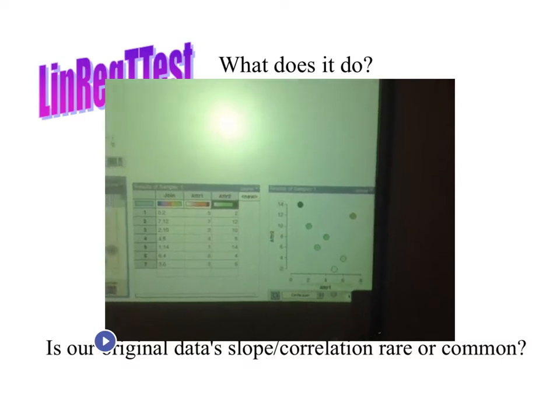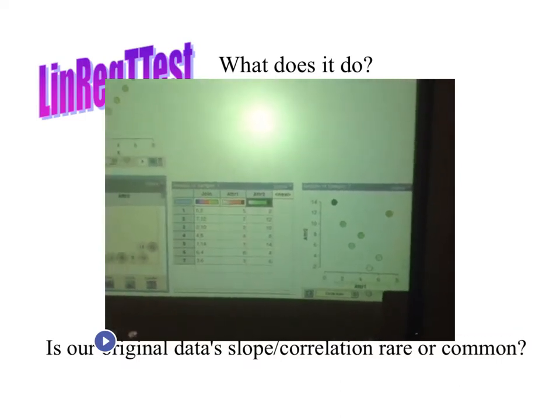The alternative will be that it does, and it kind of answers that question on the bottom, which is: was our original data's slope or correlation rare, or was it common? So that's what our test is really going to be all about, and it's very easily done on the calculator, and in a video coming up, we'll look more at how we would do it by hand. But today, let's just focus on getting the numbers and interpreting them.